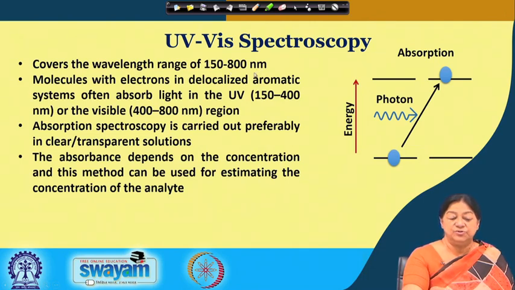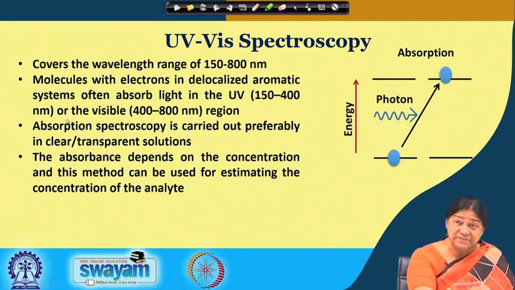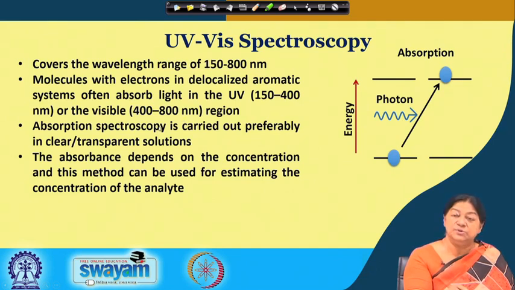UV visible spectroscopy covers the wavelength 150 to 800 nanometers, as we saw in our electromagnetic spectrum. Molecules with electrons in delocalized aromatic systems, which we will see what this means, absorb light in the UV region, and this absorption spectroscopy is preferably carried out in clear or transparent solution.